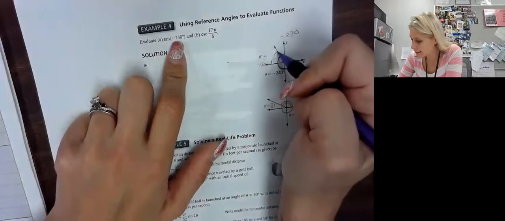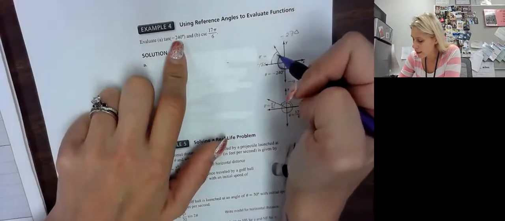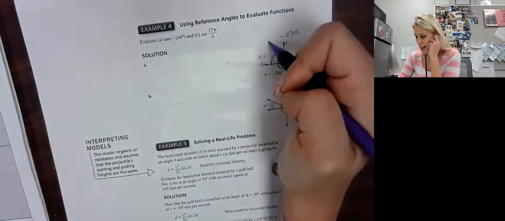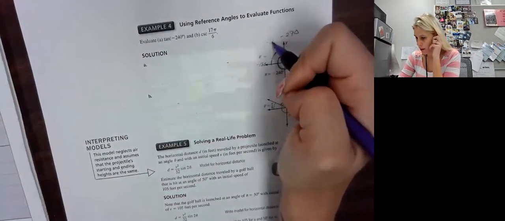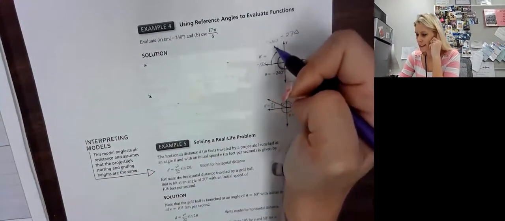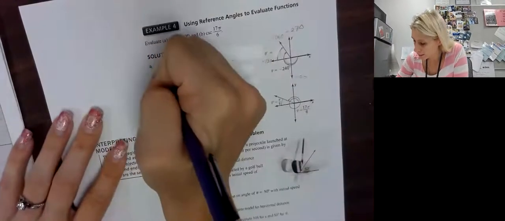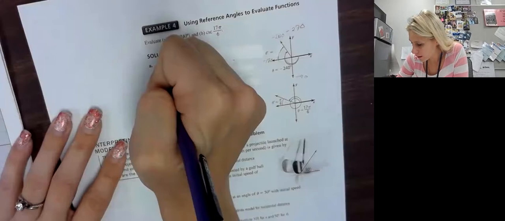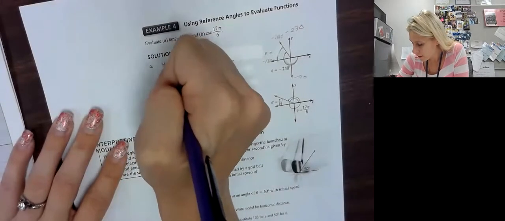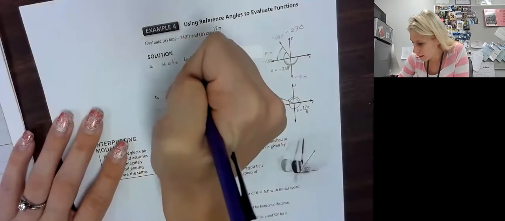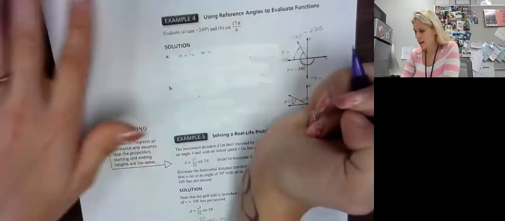Well, again, it's the difference from the x-axis. So if this is negative 240, what is that distance between 240 and 180? It is 60 degrees. So our reference angle is 60 degrees.